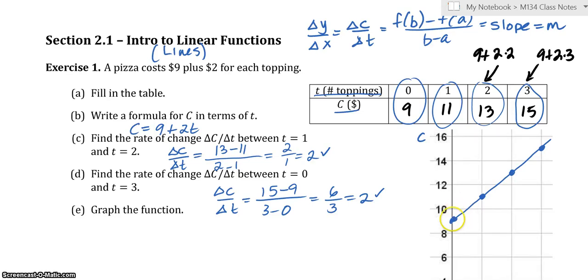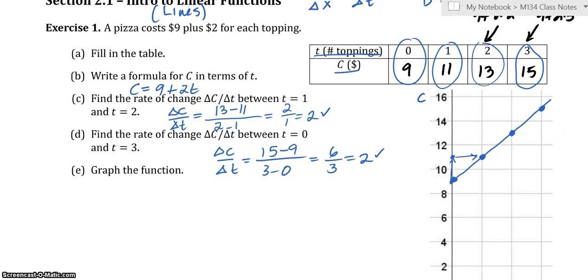Okay, so what we're going to do here is look at the idea of the slope. So if you notice, this would be the subtraction from here to here, right? 11 minus 9. So that's kind of like a rise. And then this right here, well, we did it between 1 and 2, but if I did 1 and 0, it would be 11 minus 9 if I looked at these two. And that they're going to call the run.